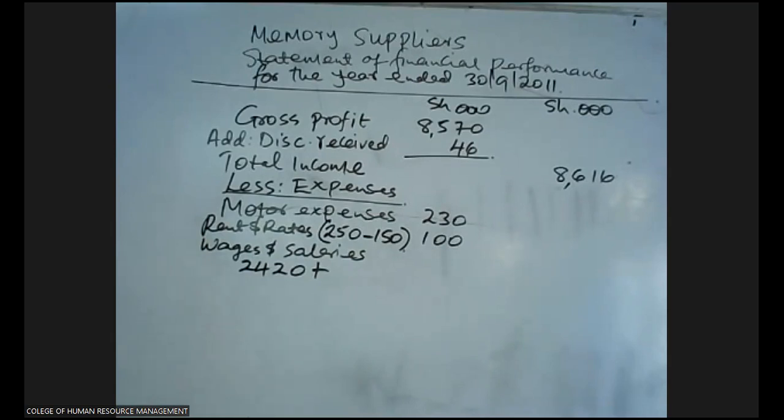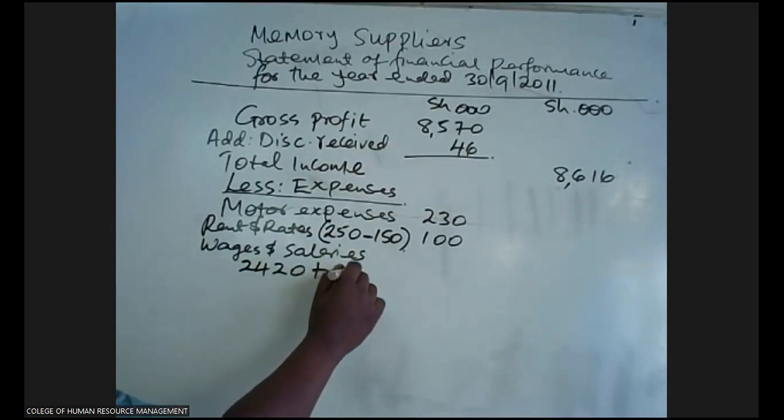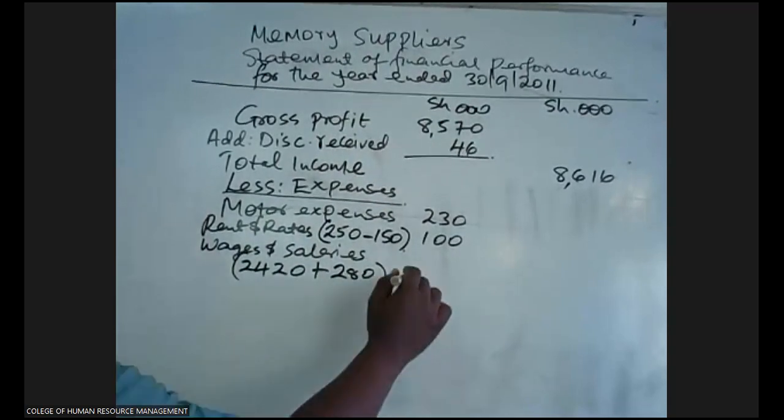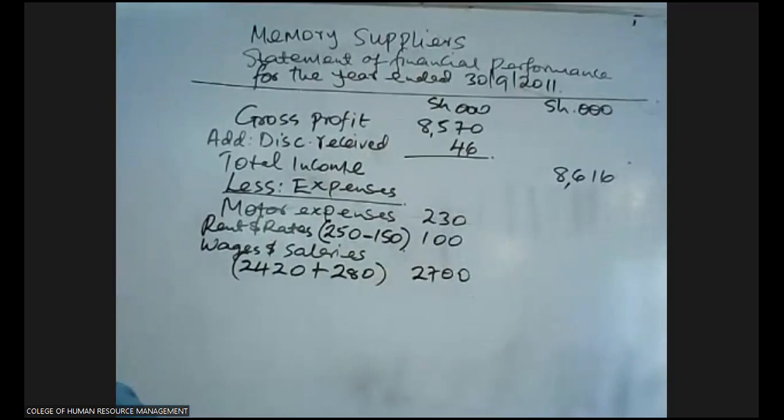So again, we have not paid 280. So how much were we supposed to pay? You were supposed to pay 2,700. So for the prepayment, you subtract. For the accruals, you add.